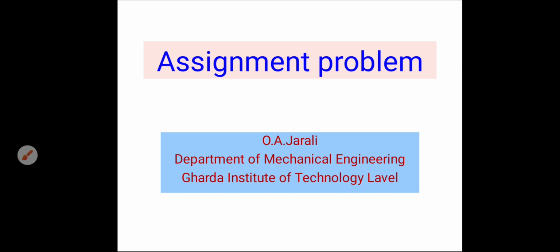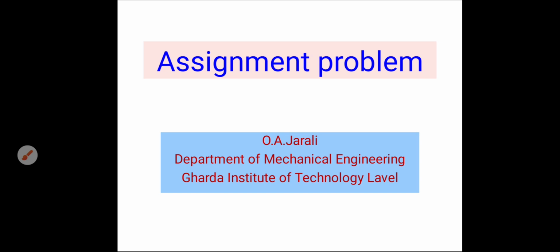So today we'll discuss variants of the assignment problem. We know some problems in assignment are square matrix, but there are some non-square matrix. Such a problem is found to exist when the number of facilities is not equal to the number of jobs.